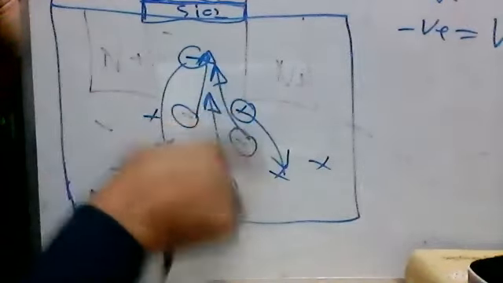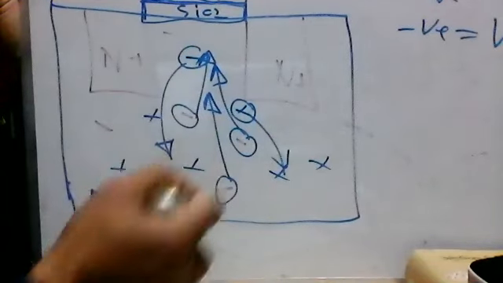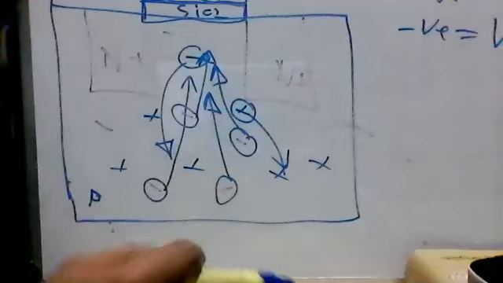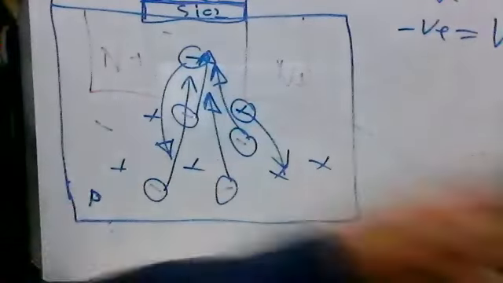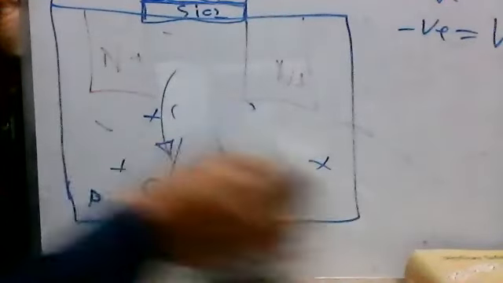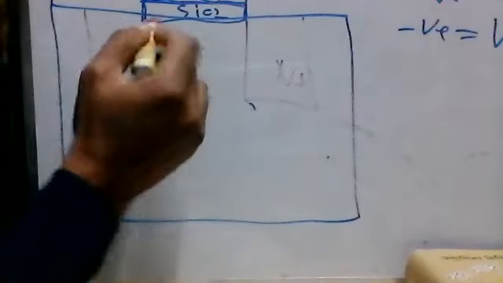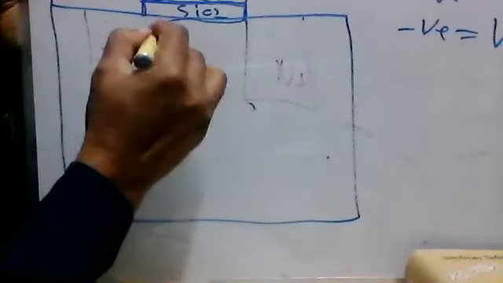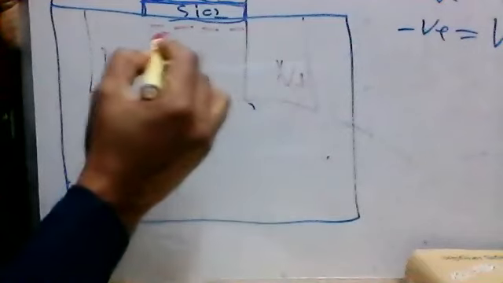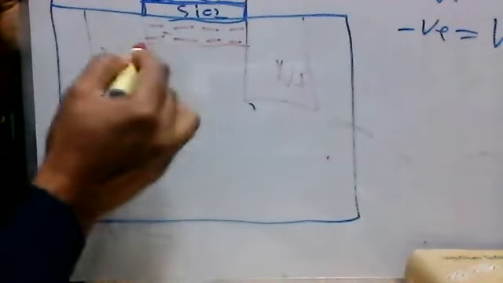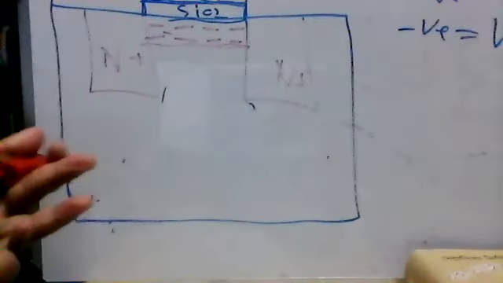Because of the repulsive force, the positive will move down and the negative will move up, and then finally, what will happen here? All the electrons in here will be aligned here. So this will be a channel.